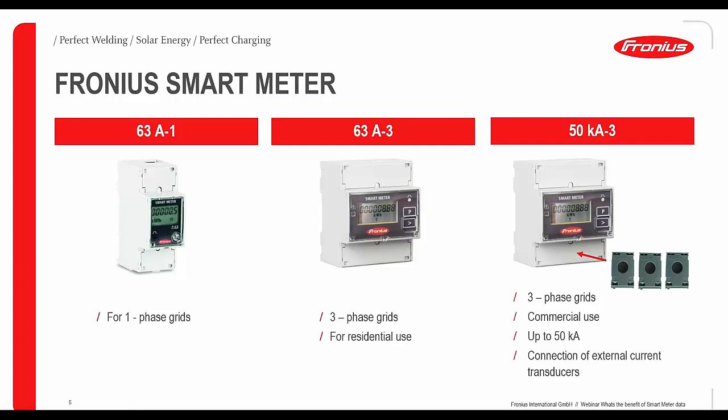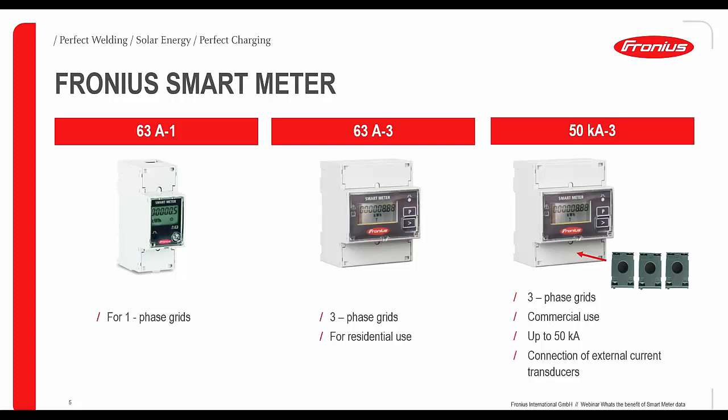And here the third one is the 50 kA, or let me say like the 63, as the amps are already showing you, tells you that the usage is definitely for residential use. So when you're installing the system and you're already putting the smart meter in from the installation time on.